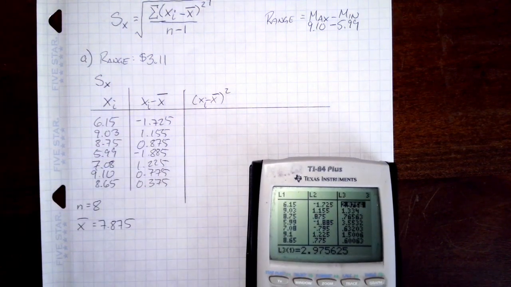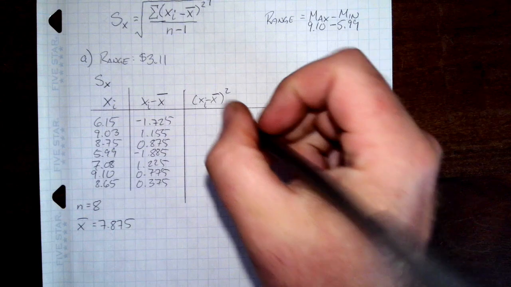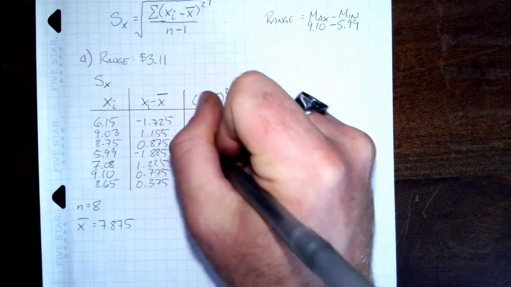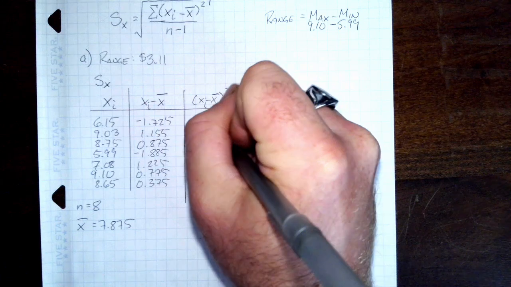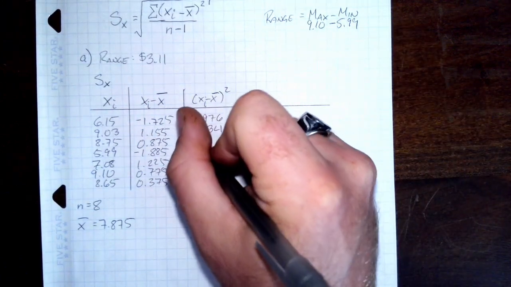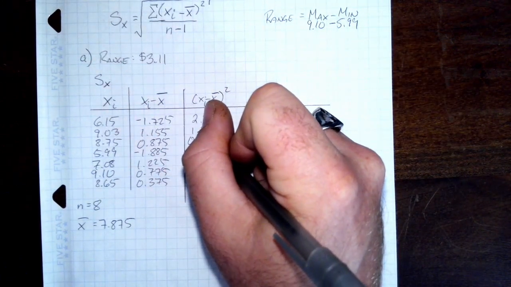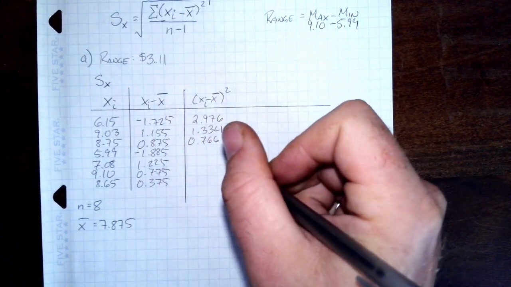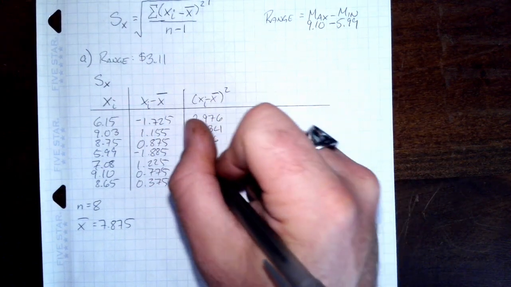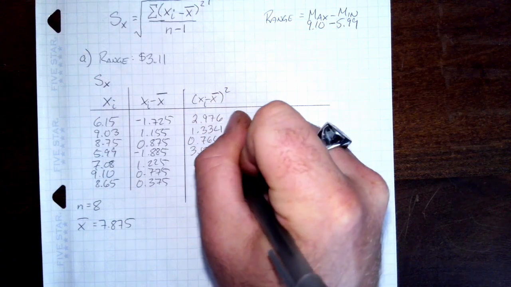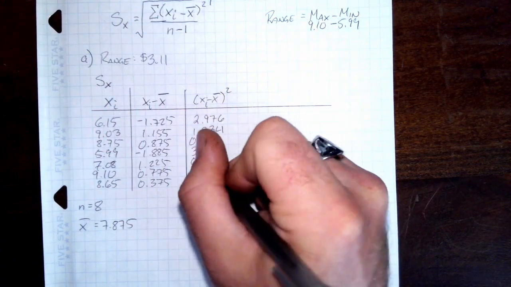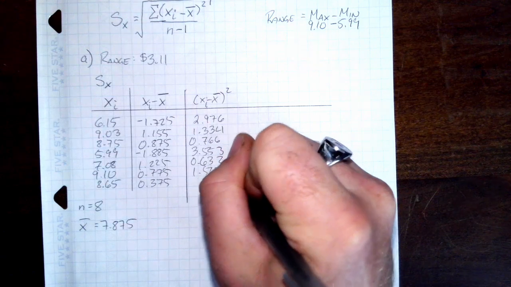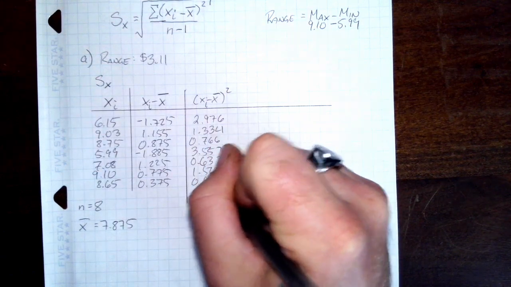Now I'm copying to 3 decimal places while I'm working. 2.976, 1.334, 0.766, 3.553, 0.632, 1.501, and 0.601.